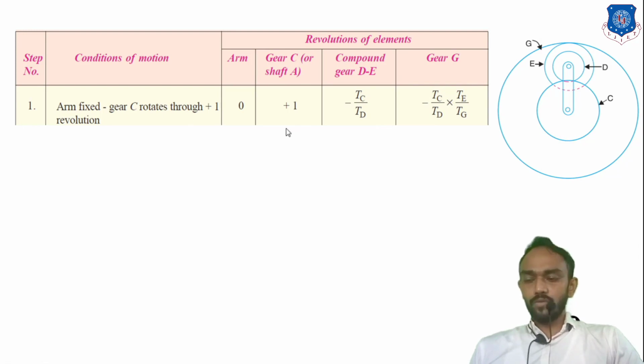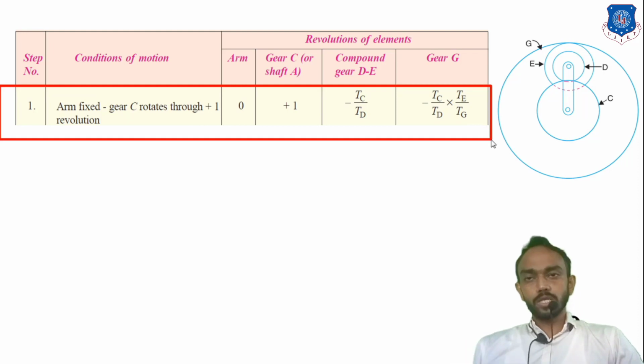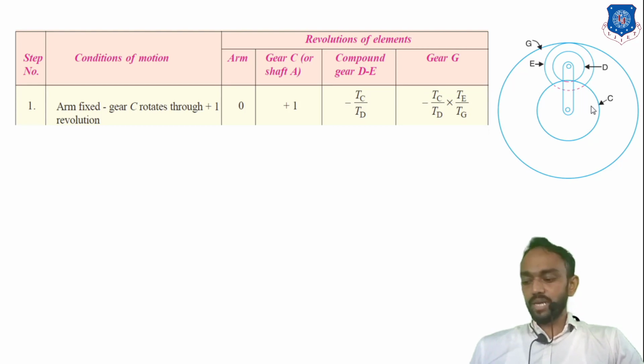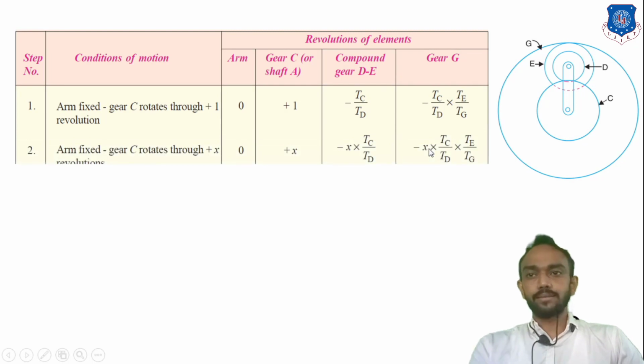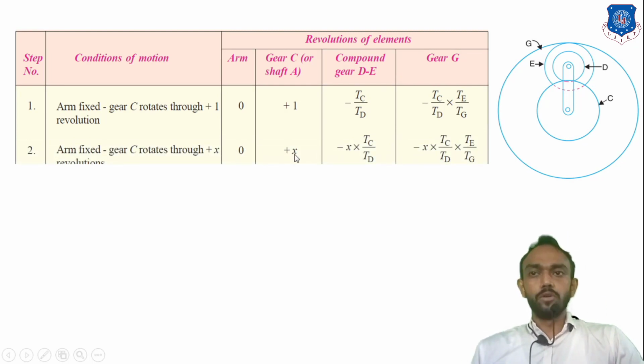So first of all, always remember that the first row is very important. If you make this first row without any error and understanding this diagram, there will be no other extra requirement, because you can easily make the second row by multiplying by x. Only multiply by x. So 0 into x is 0, x, minus x, minus x. And for this sign you can check: if C is rotating anti-clockwise, meaning positive, what will be the direction of E?